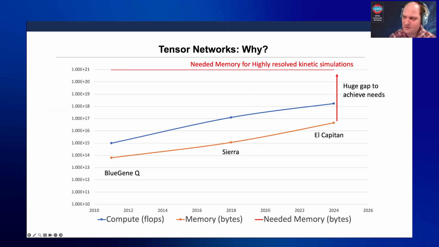If you do a back of the envelope calculation of what kind of fidelity and resolution we wish we had, you would see it's a couple of orders of magnitude above even what El Capitan provides. If you just extrapolate this graph out linearly in semi-log terms, you would see that we're several decades away from getting what we need, assuming that'll be sufficient, and we won't find other hiccups along the way.